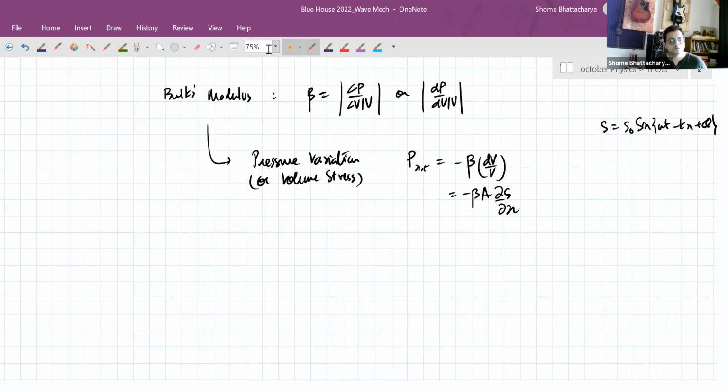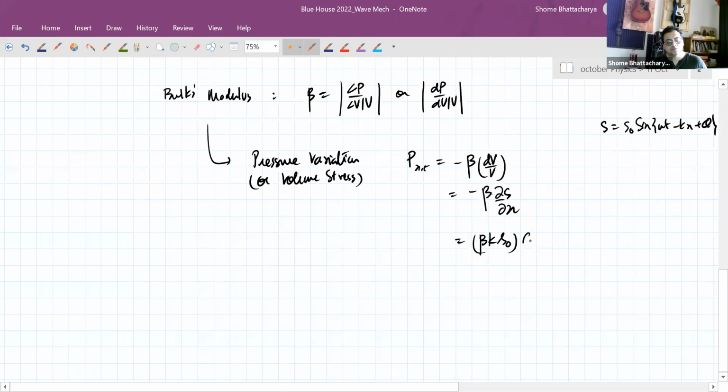So this becomes the relationship between them. With this we see that it becomes beta k into S0 into cos of kx minus omega t plus phi. This is the volume stress, the excess pressure, so to speak.